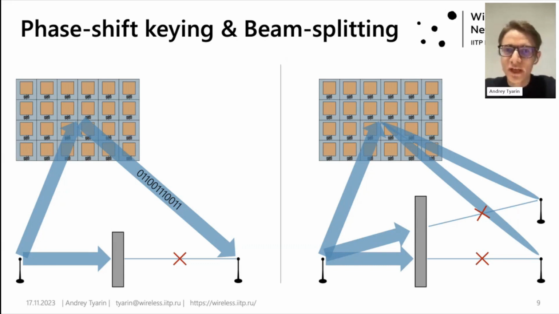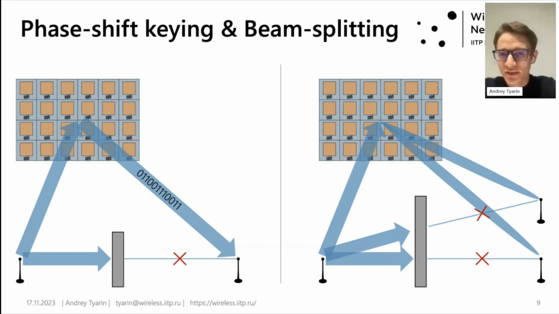Beam splitting creates several reflected beams from a single incident one. One way of realizing this function is grouping several adjacent UCs into one, forming a chessboard distribution of states on new UCs.